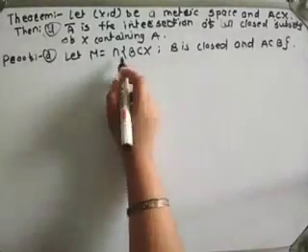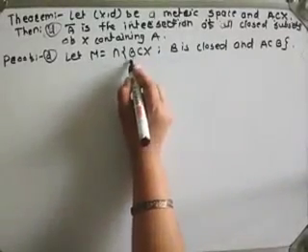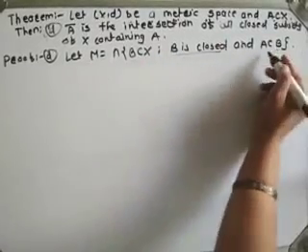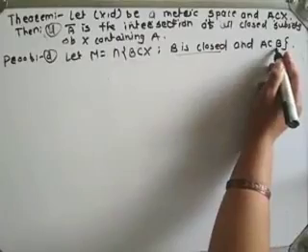It is the intersection of all sets B a subset of X such that B is closed and A is a subset of B.